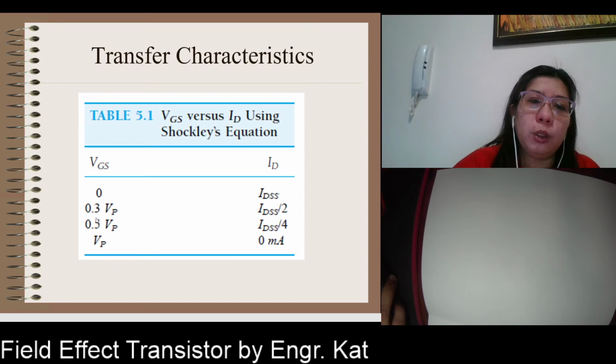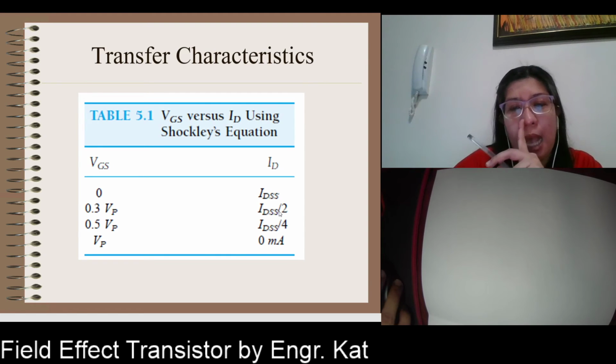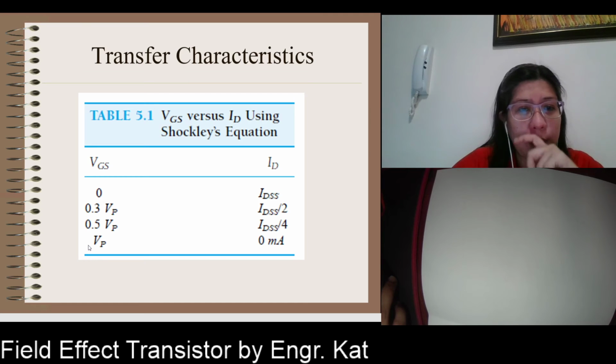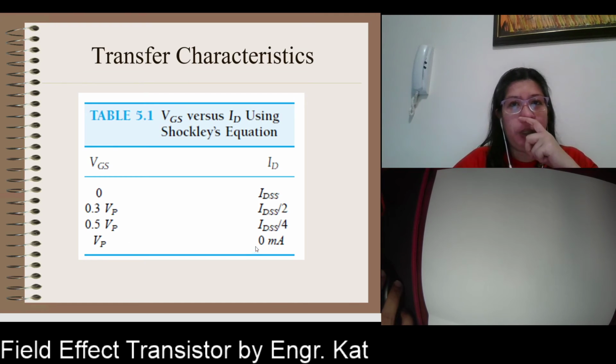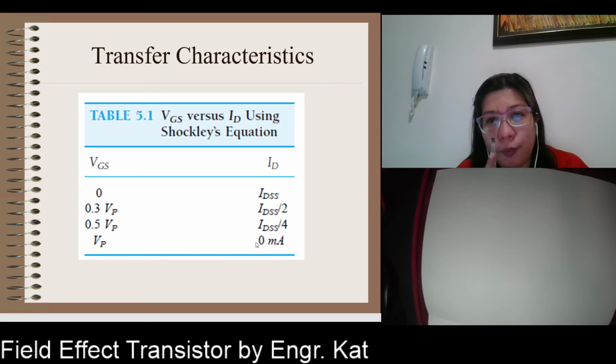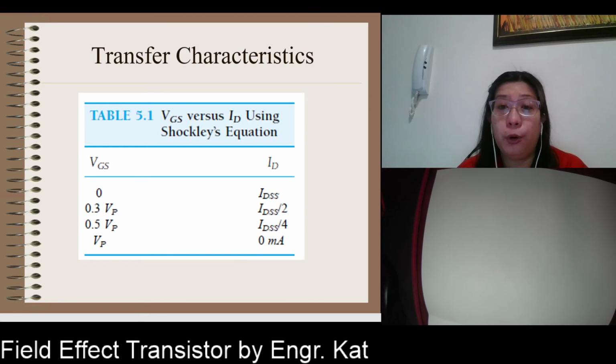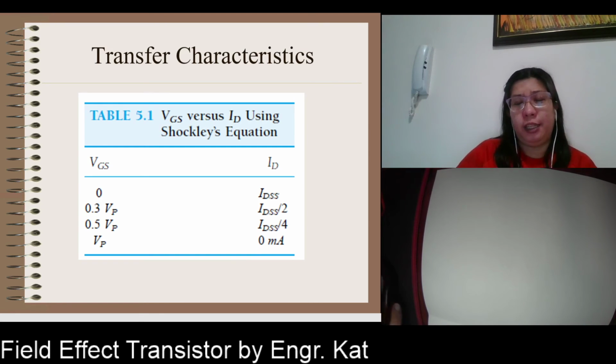When your VGS is equal to 0.3 of your VP, this is half of your IDSS. When your VGS is equal to 0.5 of your VP, this is 1/4 of your IDSS. And when your VGS is equal to VP, this is equivalent to 0. Upon plotting these 4 points, we can actually draw your transfer characteristic curve.